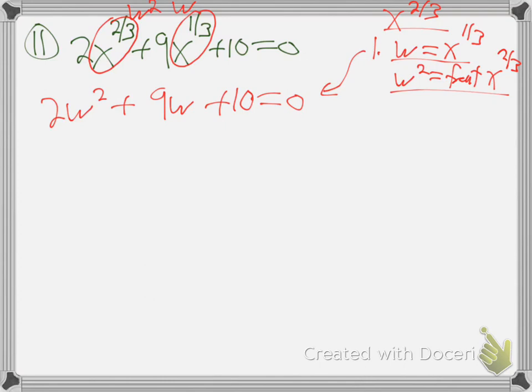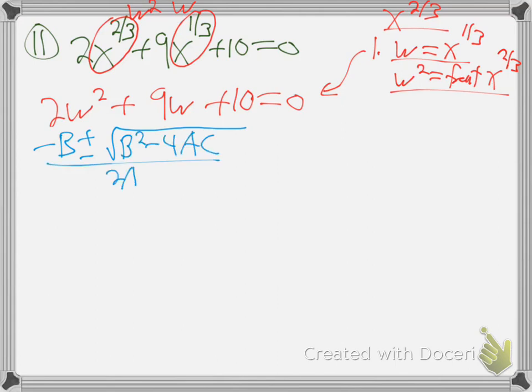Now we solve for w. How are we going to solve this for w? I'm going to use the quad, because whenever we have a number in the front, factoring's hard, so I just use the quad. Negative b plus or minus square root of b squared minus 4ac all over 2a. Remember, whatever answer we get is going to be a w answer. I'm solving a w equation right now, aren't I?